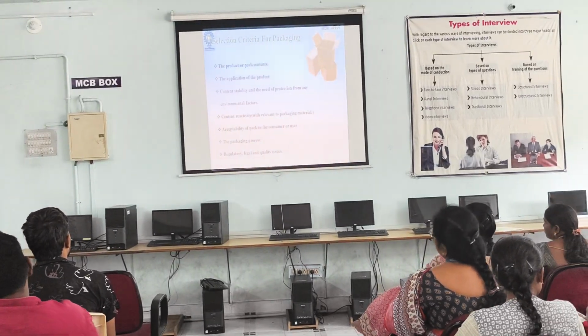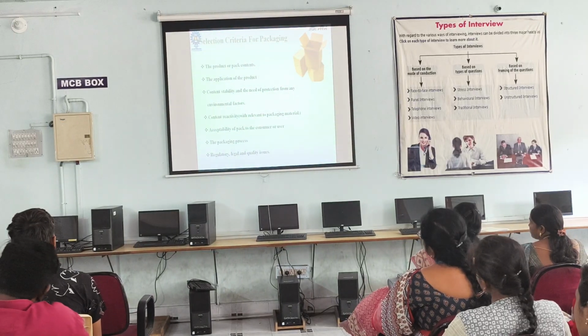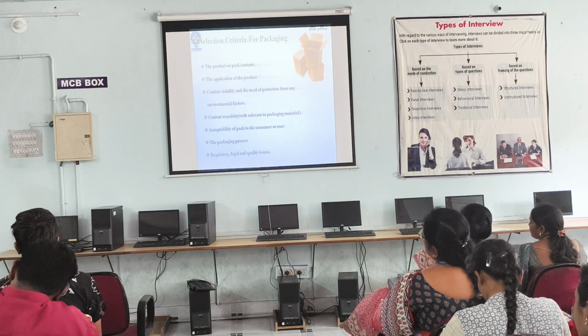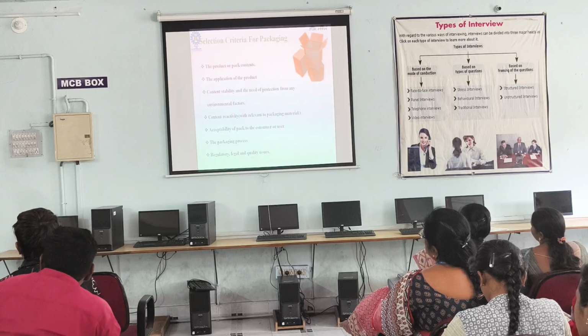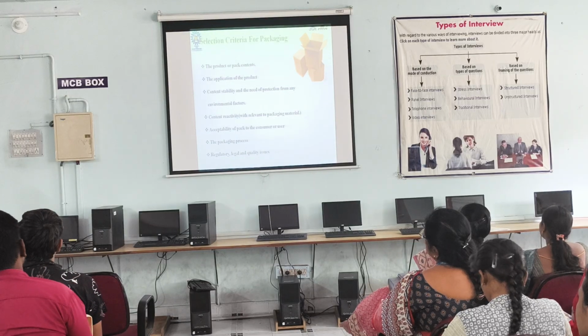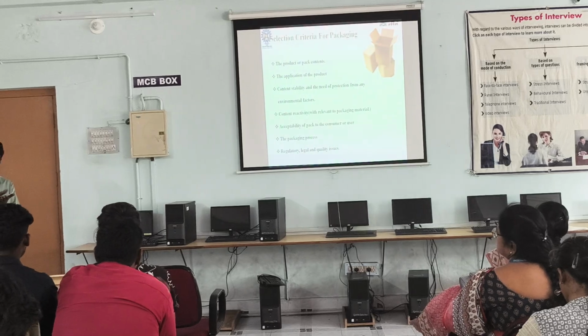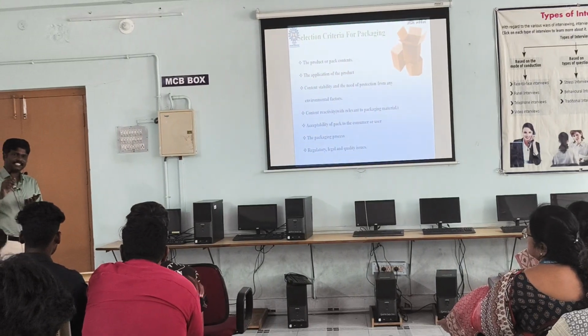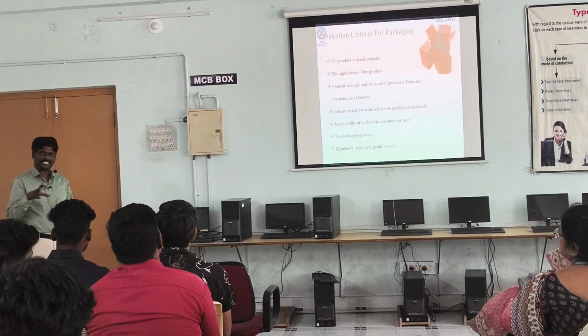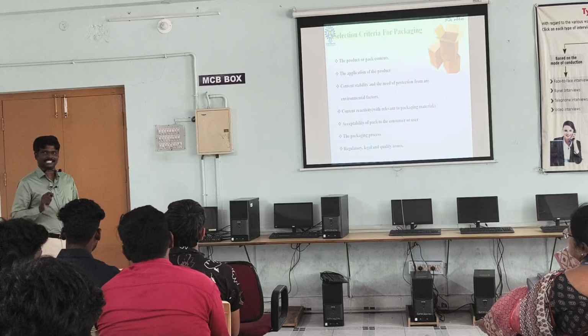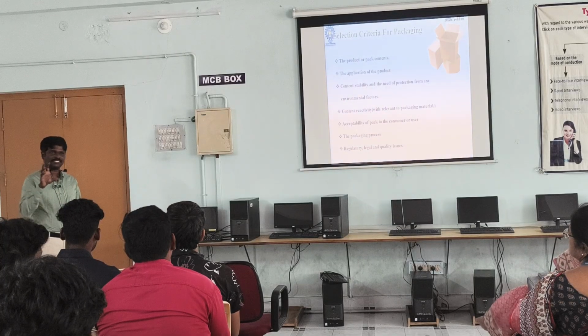Okay. So how do we select the packaging material? We want to take a tea glass, the paper tea glass. As such, paper we cannot make as a tea glass. The paper tea glass contains a coating layer of polyethylene, right? So that is how we are selecting. For tea glass application we are selecting like that. And for fruit juice we are using Tetra Pak.